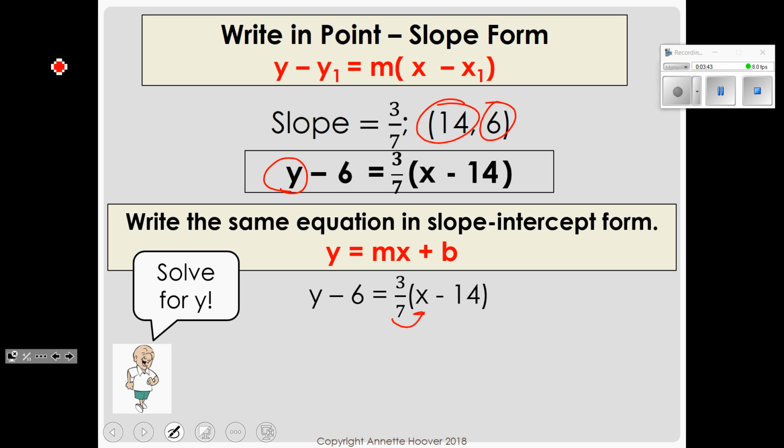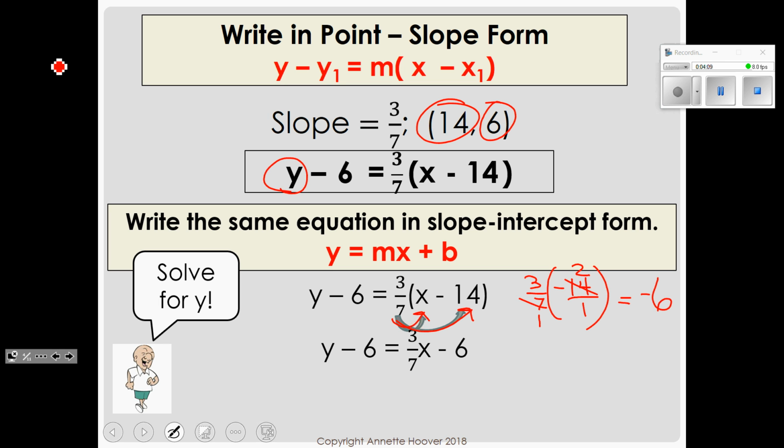So we have 3/7 times x, and then we have 3/7 times a -14. And if we put that over 1, again, you can see that the cross-canceling makes this easy. So you just have 3 times a -2 on top, which is a -6. So when we do the distributive property, we have 3/7 x and -6.